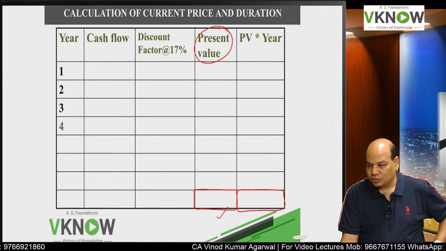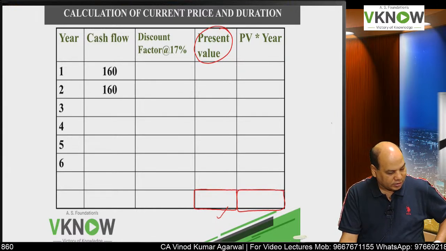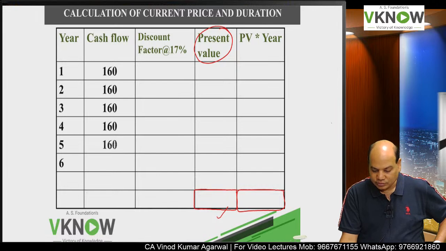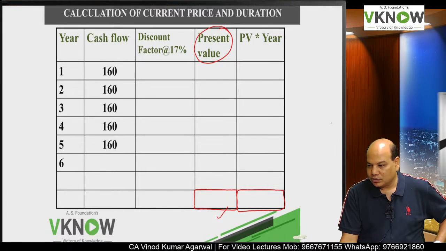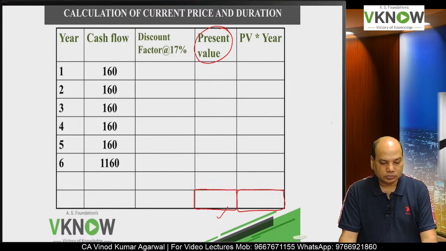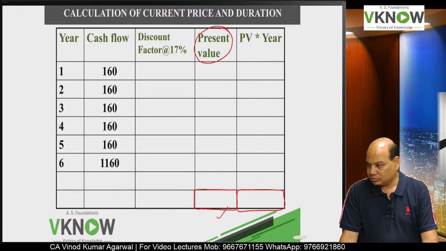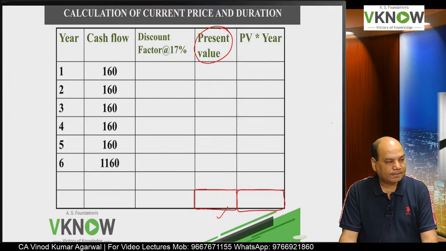This question is also for 6 years. Coupon rate is 16% of 1000, which is 160. And in the last year, you will write 1160. Okay.